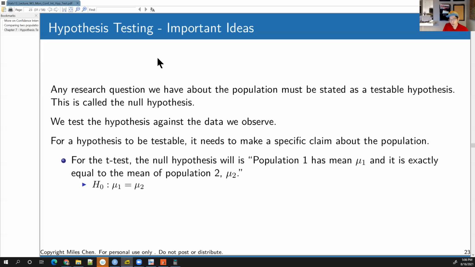And in order for a hypothesis, some kind of statement or claim, to be testable, it has to be a specific claim, right? It has to say, this population has this exact property, okay? Otherwise, we can't test it. If it's just going to be some vague generalization, it's going to be very difficult to test.